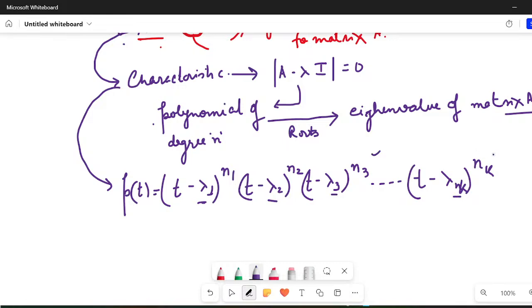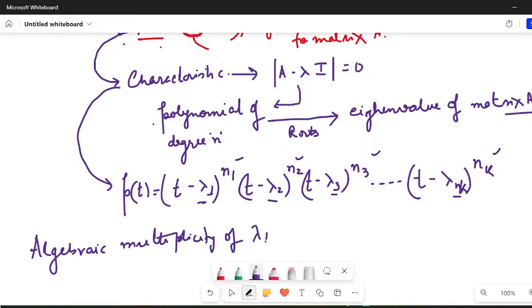Then these exponents are the algebraic multiplicities. The algebraic multiplicity of the corresponding eigenvalue lambda i is given by ni.